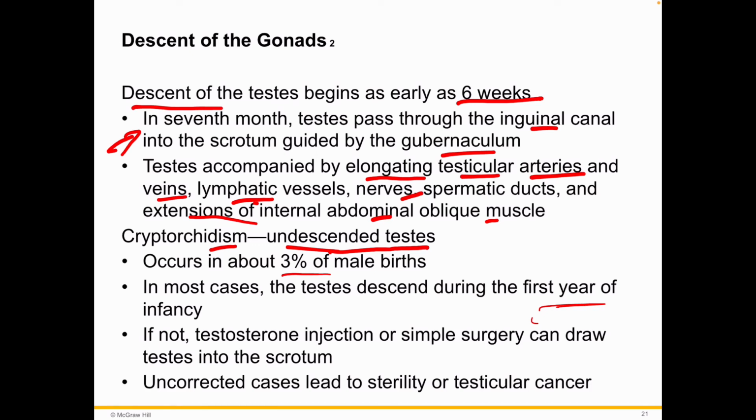If not, testosterone injections or surgeries can place the testes where they need to be in the scrotum. Uncorrected cases are unmanaged, so things like the temperature of the sperm and a whole bunch of other items aren't properly regulated, which can lead to sterility or even testicular cancer. So it's super important that the testes are properly descended.